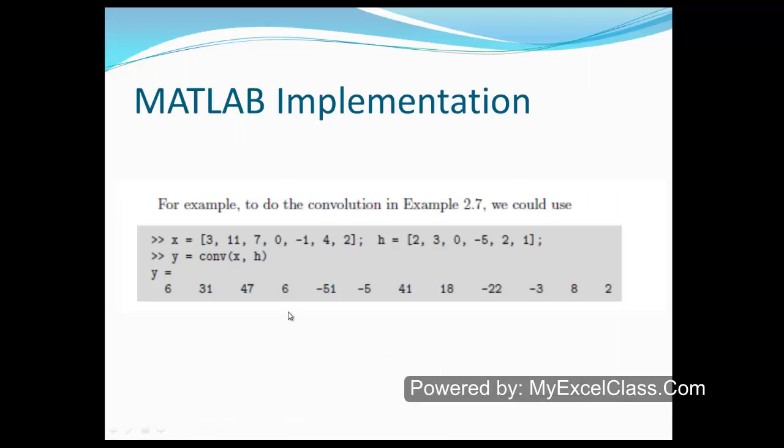This is a small example about convolution, and I've already shown you how to compute convolution between two sequences. Say x is a sequence of samples that you have, and h is your impulse response, and you want to convolute two of them together. So the most logical and most simple syntax is y is equal to conv, bracket open, x comma h, bracket close.